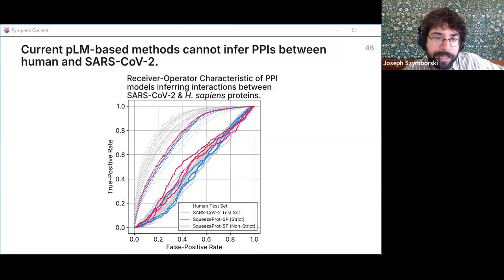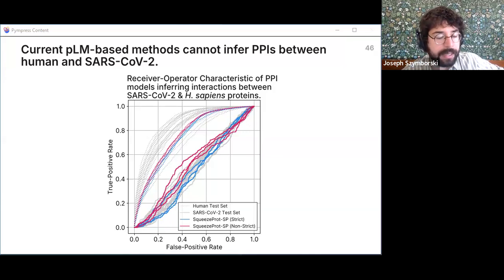They are not quite looking at sequences at low resolution, at amino acid resolution, it seems. And they are still quite brittle. So my hypothesis is that C3 is not sufficient to generalize these models. You need something more to create generalized PPI inference models.